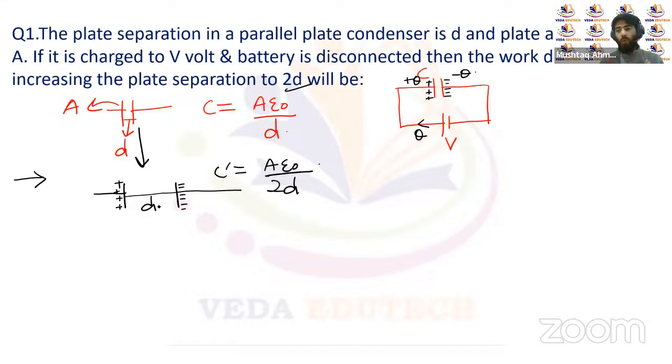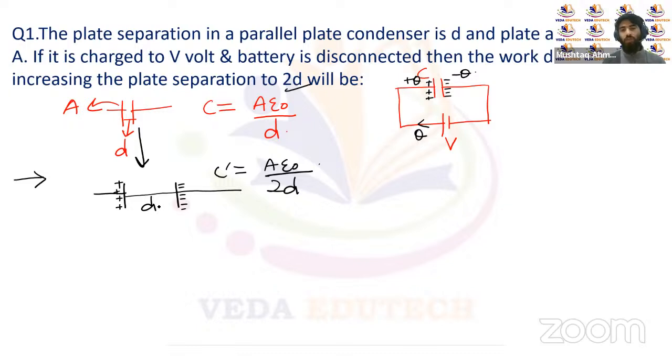So in order to avoid the collision or collapse of the two plates, we need to hold them. Similarly, if we have to increase the separation between the two plates of the capacitor, then we have to do some external work, because there is a force of attraction between the two plates of a capacitor, right?